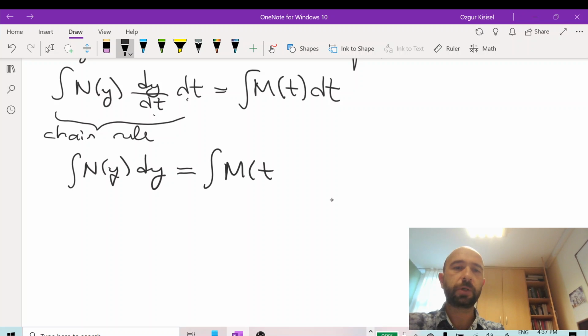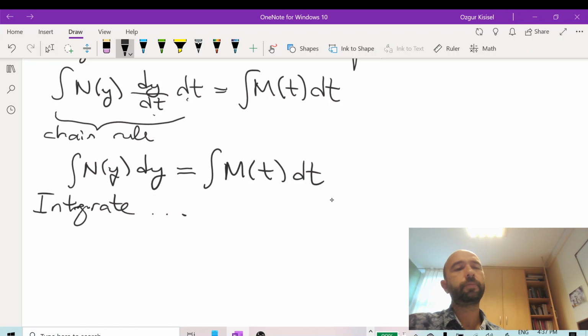That's good news, because then you can do the integrals on the left and on the right independently and get an equation. Integrate and work out the arithmetic. Okay. Let's see this on an example.